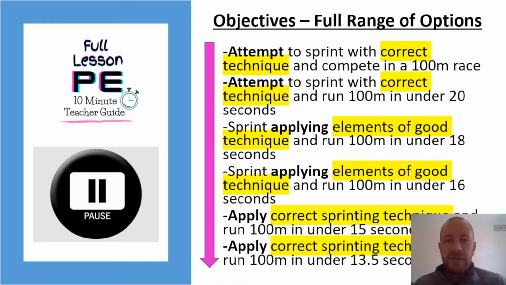So for each lesson, our lesson plan videos, we'll have a slide that looks like this, and you can pluck the 3 objectives that could be made into bronze, silver, gold, or however you're doing it, and then that will allow you to level the lesson for your class. So every video will have this slide within it.